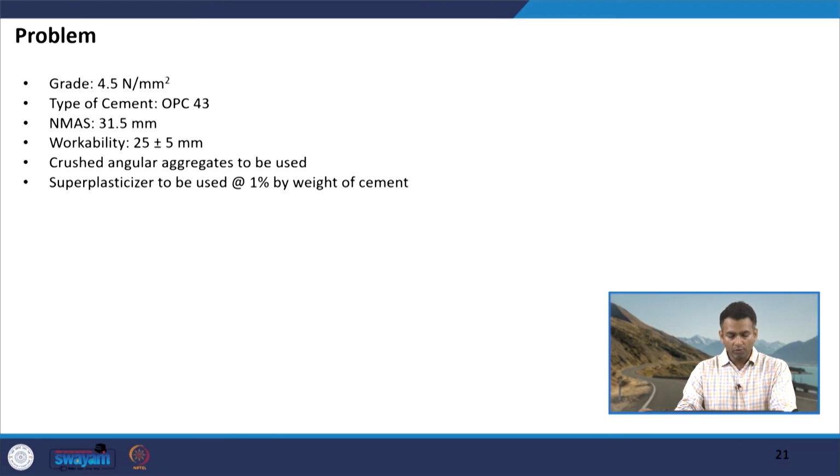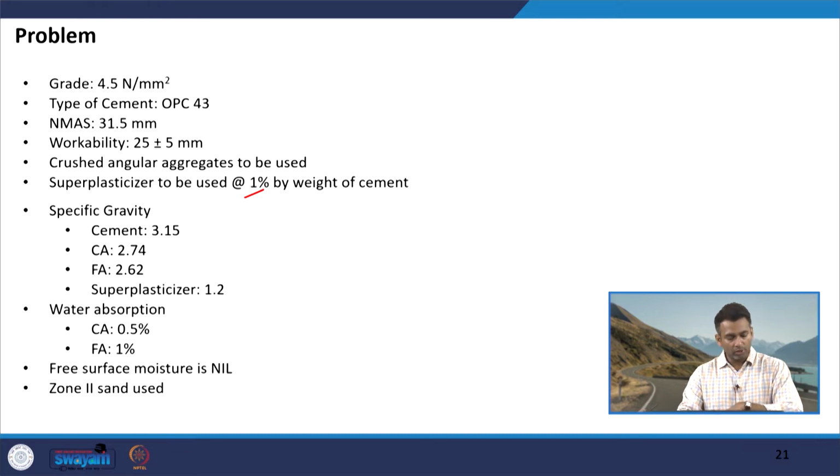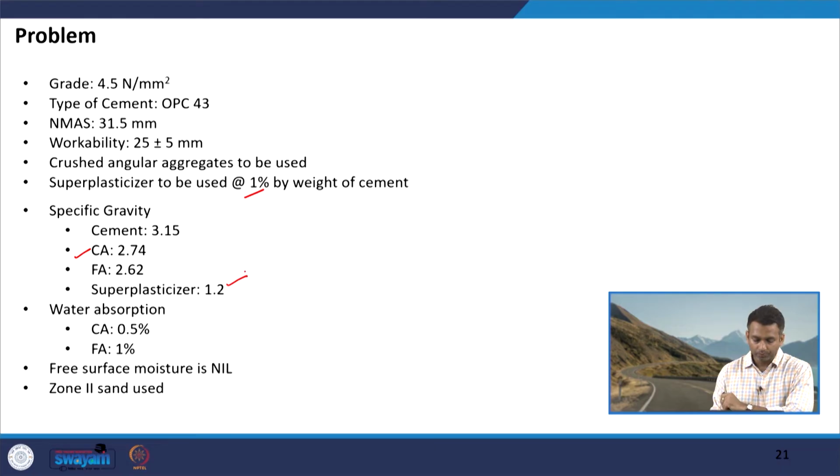There is a provision of using superplasticizer. Here we will be using the superplasticizer at a dosage of 1% by weight of the cement for the first trial. And then there is further information, for example, the specific gravity of various materials are known: the specific gravity of cement is 3.15, of coarse aggregate 2.74, of fine aggregate 2.62, and of superplasticizer 1.2.